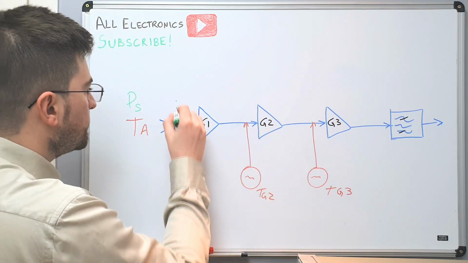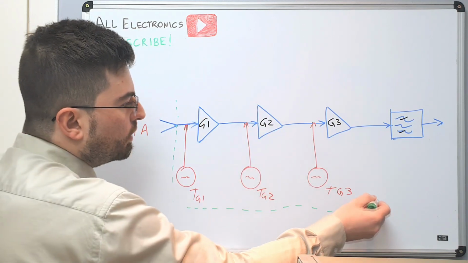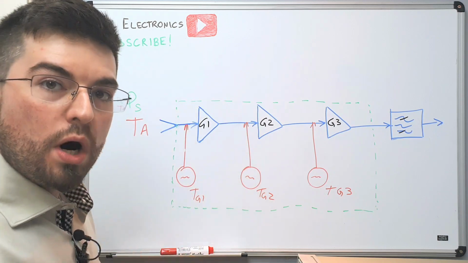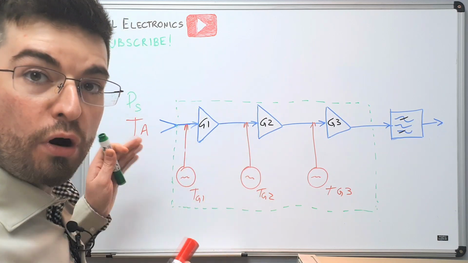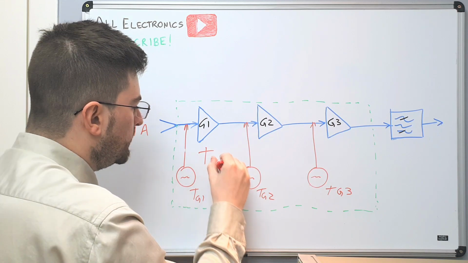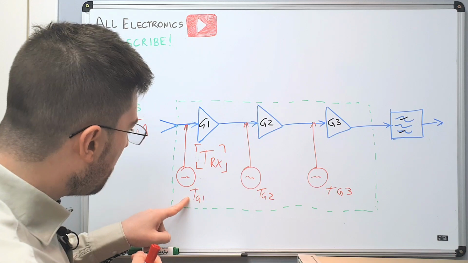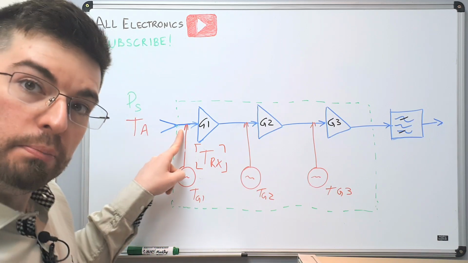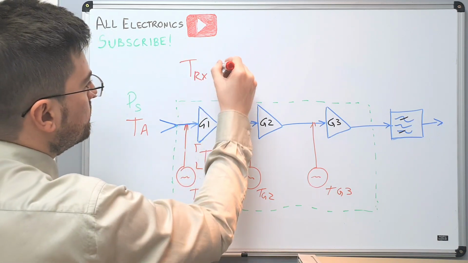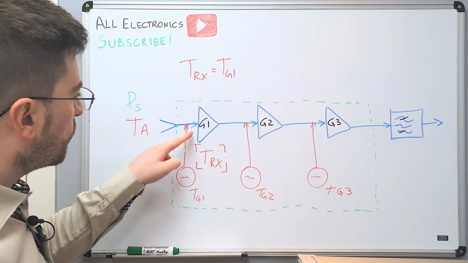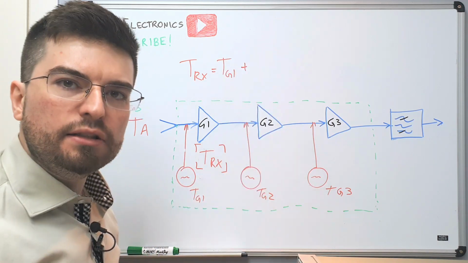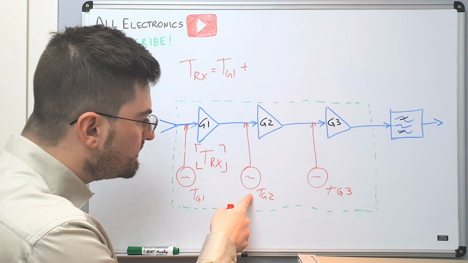So this is an amplifier block, okay? And we want to know the noise temperature of this block. Let's call it TRX. The noise temperature of the first amplifier is already added here on the input. So TRX is the noise of the gain block 1 plus something, plus the noise added by the second gain block.